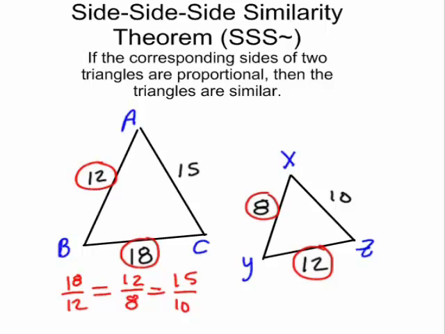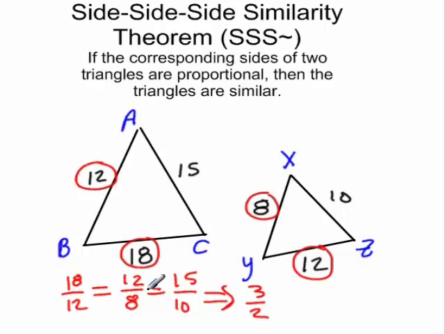We can check cross products, or we can check to see if all ratios reduce to the same number. Here in the first one, 18/12, there's a common factor of 6. We get 3/2. 12 and 8, common factor of 4, reduces to 3/2. And in 15 and 10, we have a common factor of 5, which reduces to 3/2.